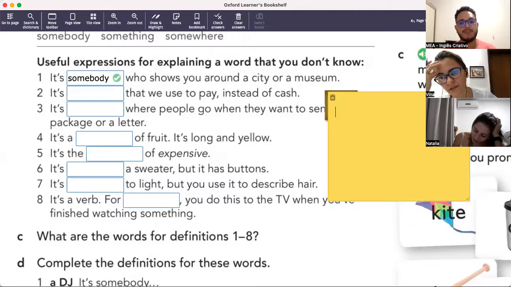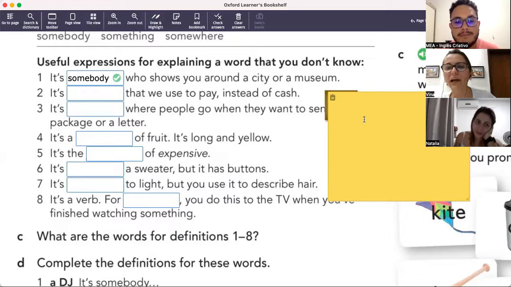It's alguém. Somebody who shows, read for me, Nat, again, fast and beautifully. It's somebody who shows you around a city or a museum. It's a person, yes.